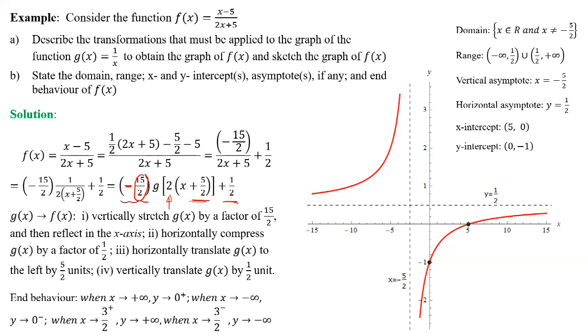Next step, horizontally compress g(x) by a factor of 1/2, which corresponds to the factor here, right? Then horizontally translate g(x) to the left by 5/2 units, which corresponds to the factor here. Last, vertically translate g(x) by 1/2 unit up, which corresponds to the factor here.